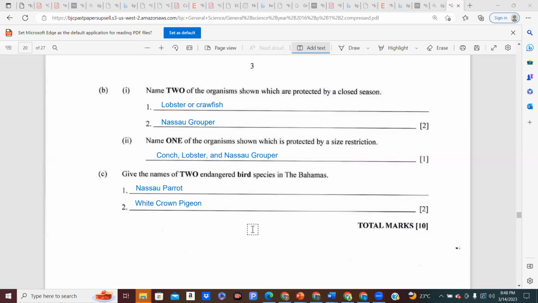Give me an organism that's protected by a size restriction. By a size restriction. Yes. Well, you said organism, right? Yes. So you're not paying attention. I'm trying to do something for my little brother. You can't do two things at once because you have to be focused in class. The answer is right in front of you. It says right there on the screen.